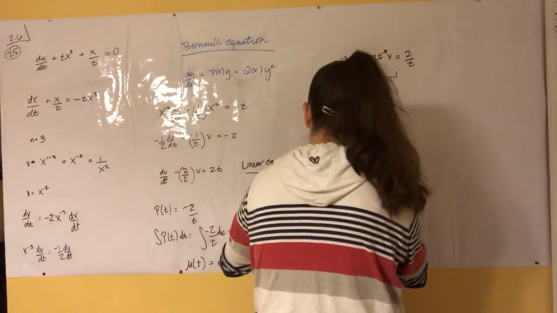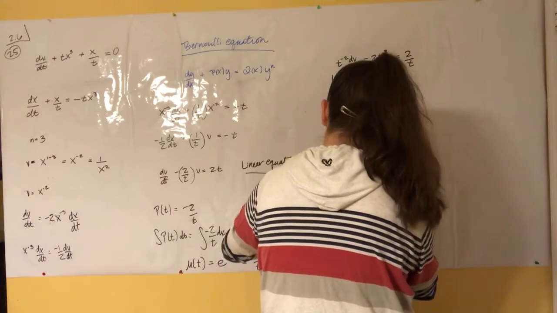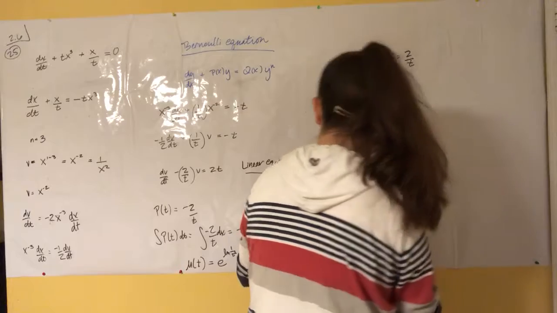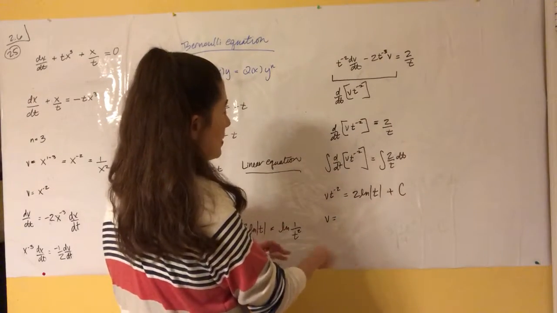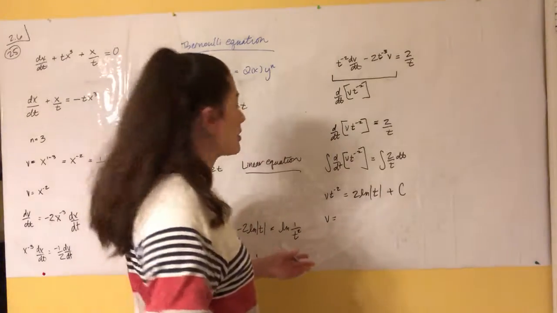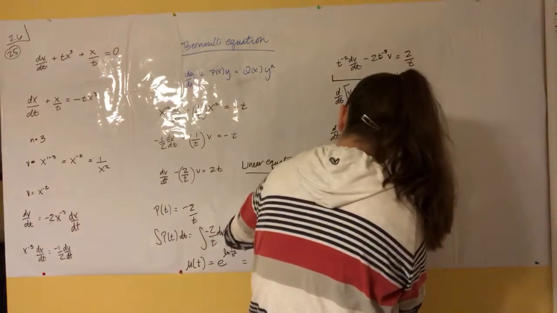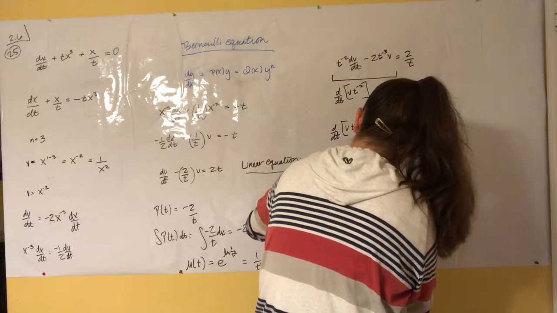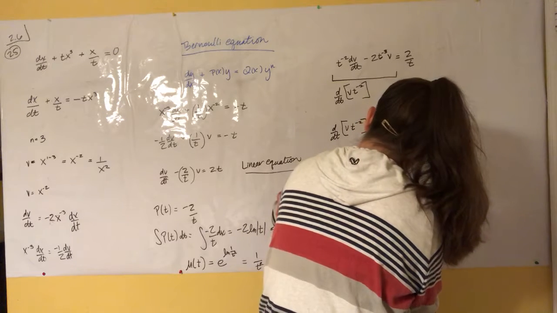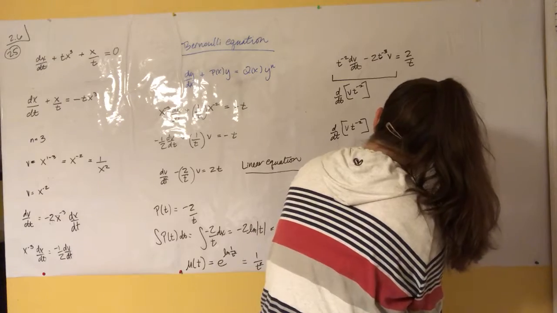Okay, and then v is equal to, you want to divide everything by t to the -2, and that also means multiplying everything by t squared. Okay, 2t squared ln t plus ct squared.